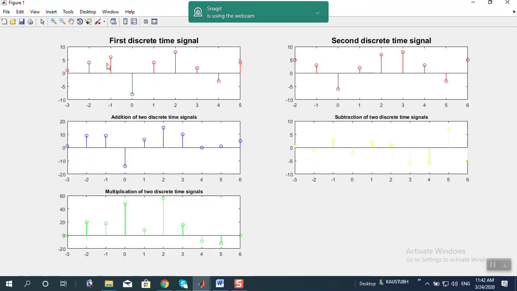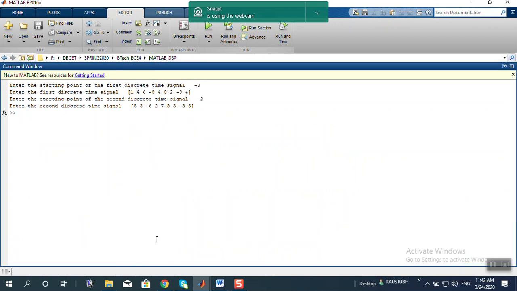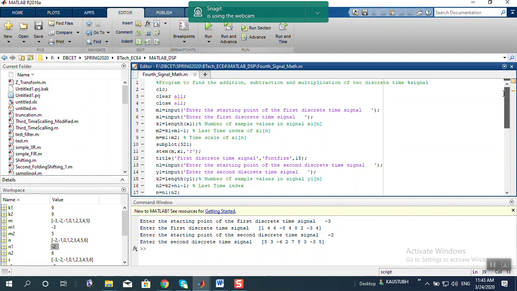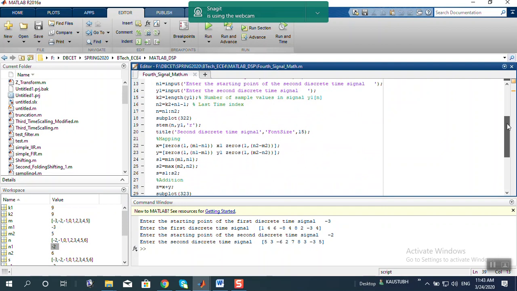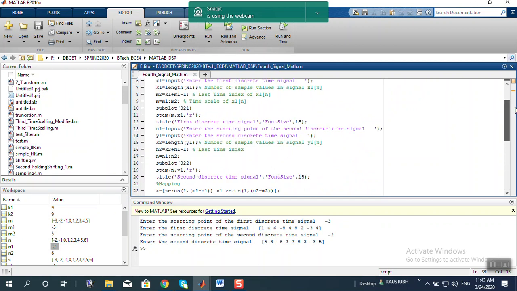So this is the original time. First one, second one, addition of 2, subtraction of 2, multiplication of 2. You can see the result here. My first is m, second is n, and x and y, and the results are Z1, Z2, Z3.